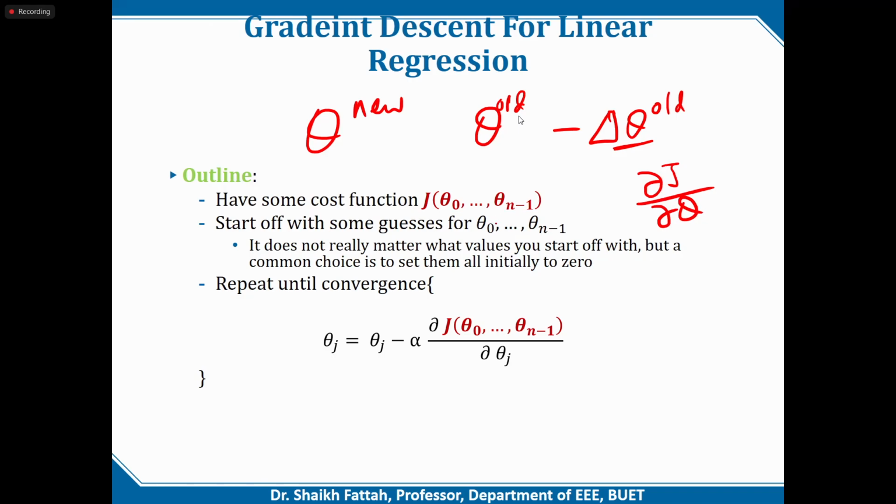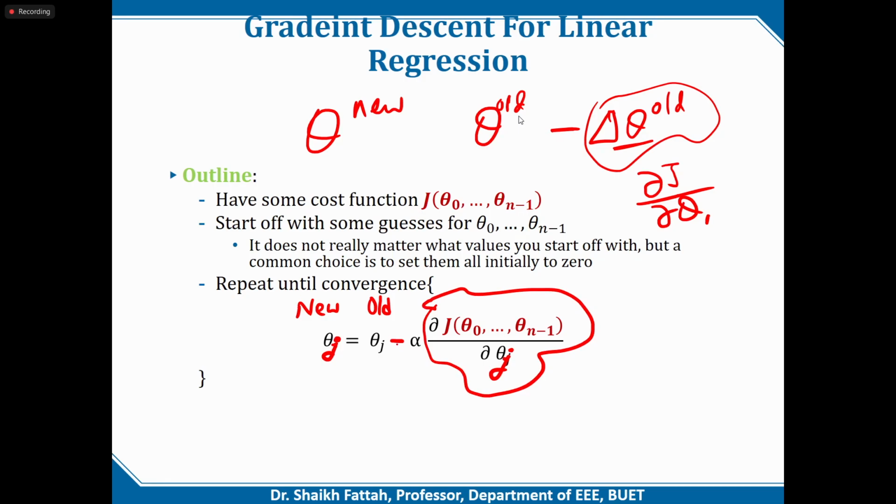So this is the new one, this is your old one, plus or minus something, del J, del theta, like this.